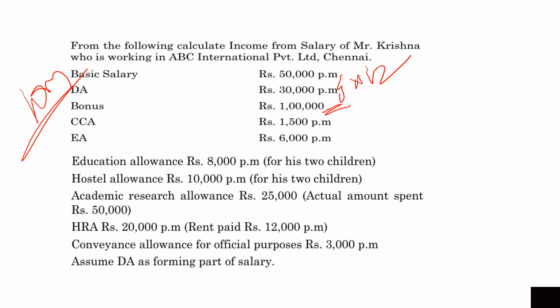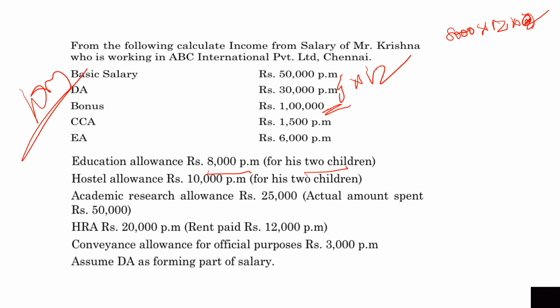Education allowance 8,000 per month for his 2 children. So 8,000 per month into 12. ஏன்னா அவங்களே பிராக்கெட்லயே கொடுத்திருக்காங்க 2 childrenனால. So 8,000 per month into 12.